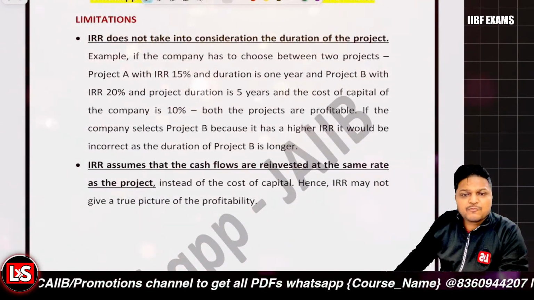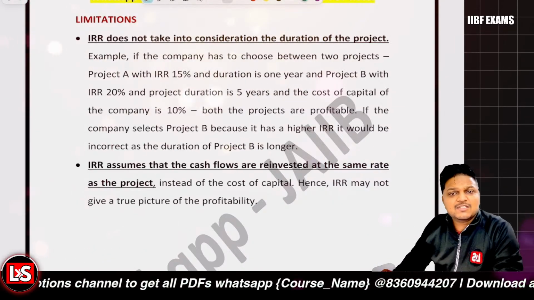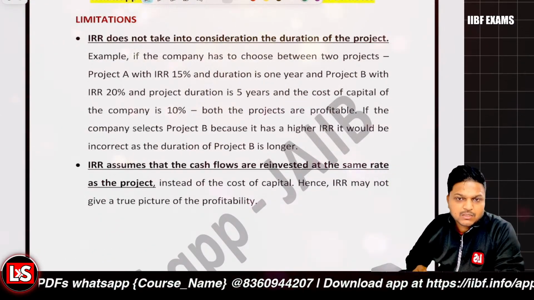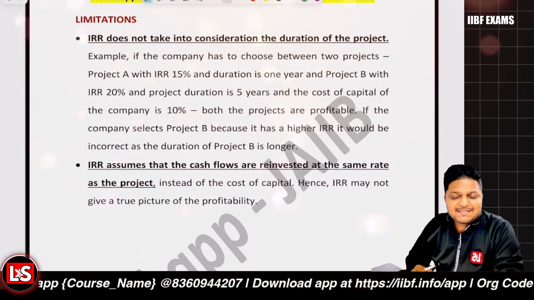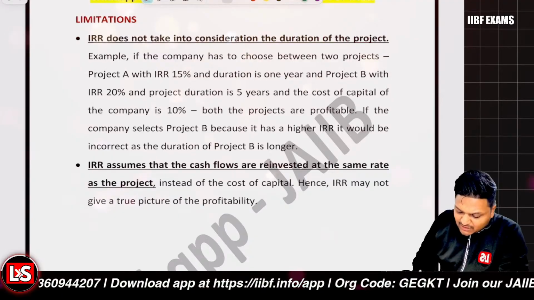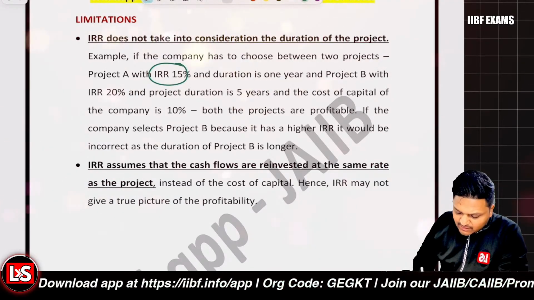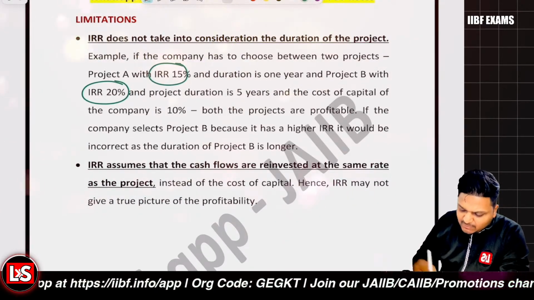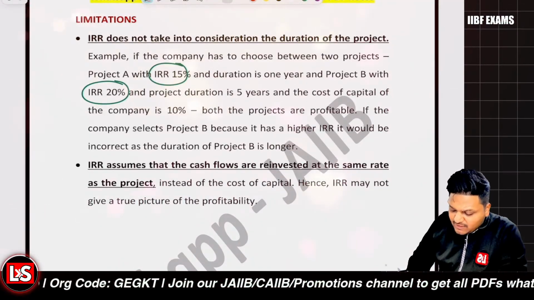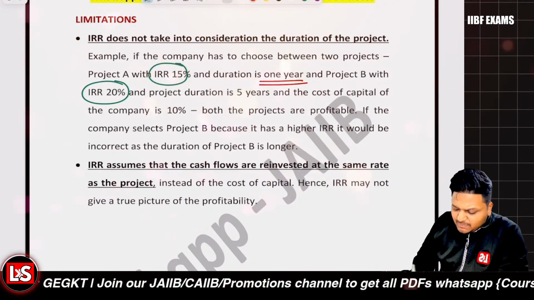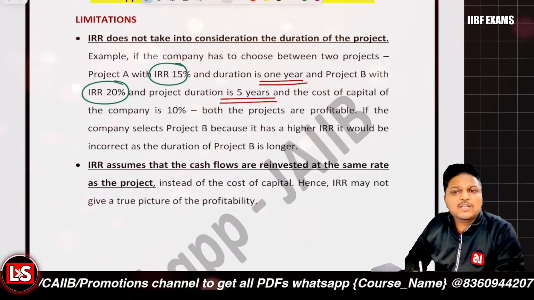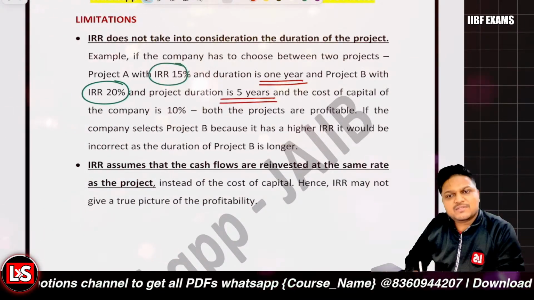First point: IRR does not take into consideration the duration of the project. Now, let's take the case that the company is to choose between two projects, right? In one project A, we have the IRR to be 15%. In the other case, we have the IRR to be 20%. But let's say the IRR of 15% is for just a 1 year period and the IRR of 20% is for a 5 year period, and in both scenarios the cost of capital is 10%.